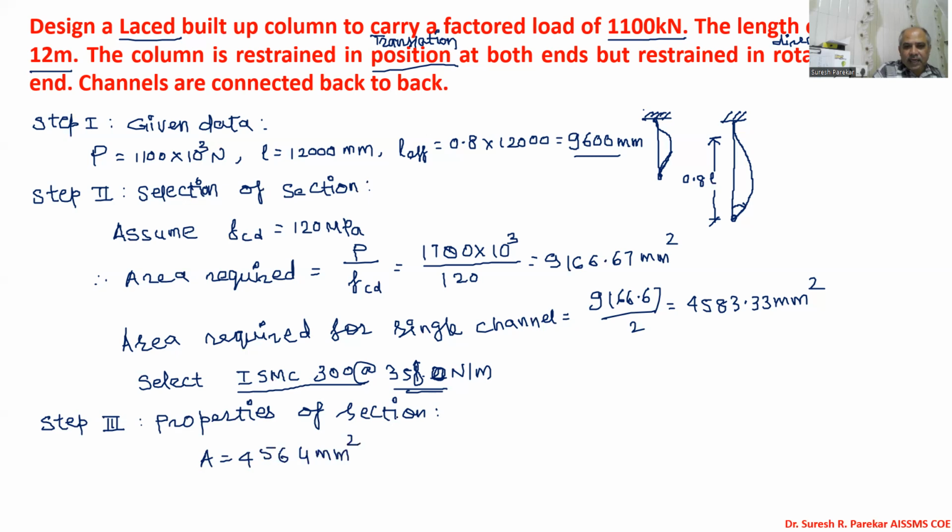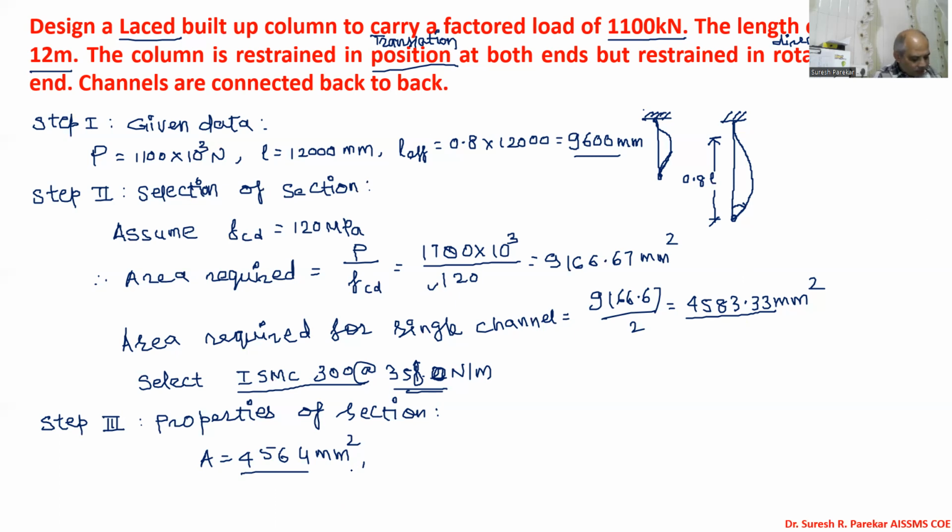Now you will say that required is 4583, and we are providing 4564, which is lesser. So it is close because we do not know if fcd is correct or not. That is a very negligible difference between the two, and therefore we can have this 4564 mm square. Otherwise it will be on the higher side, and then that will not be economical.